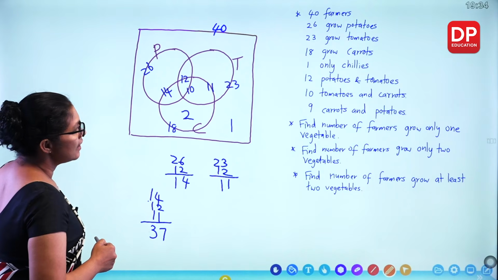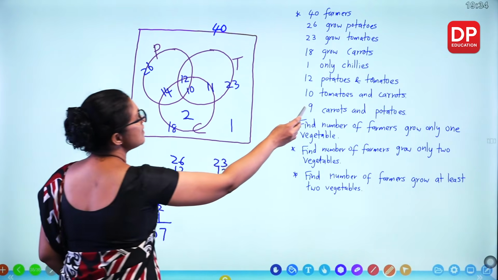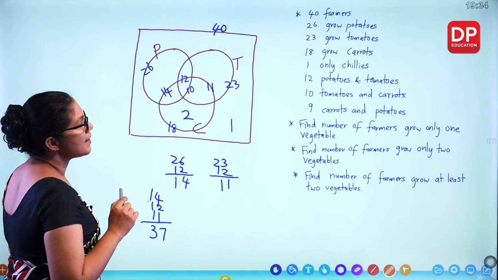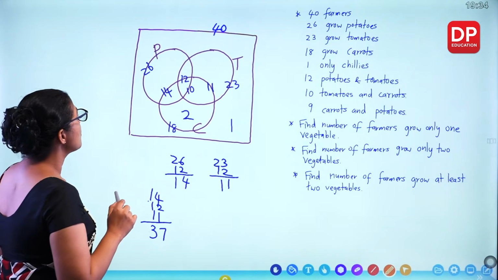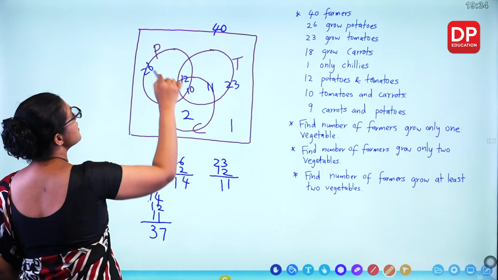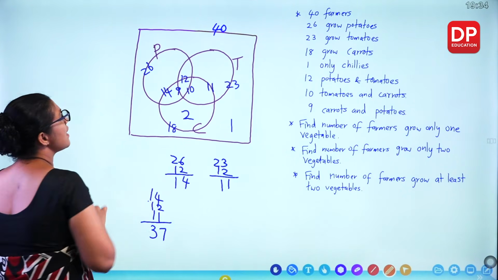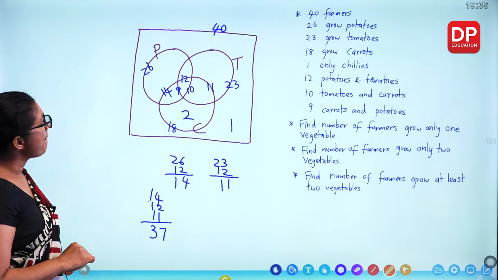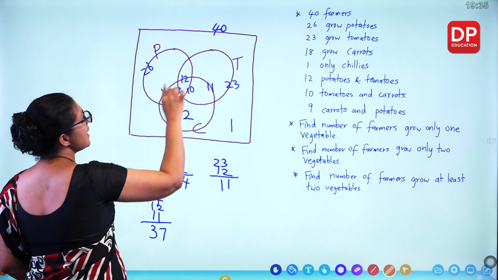Now we can fill the other numbers. So here, this information 9, we didn't put it. 9 carrots and potatoes. 9 carrots and potatoes means carrots and potatoes. This number is 9. Now how can we find out the middle part? Now see, we can take this circle.